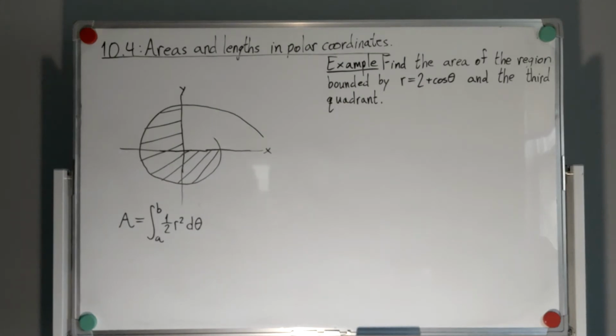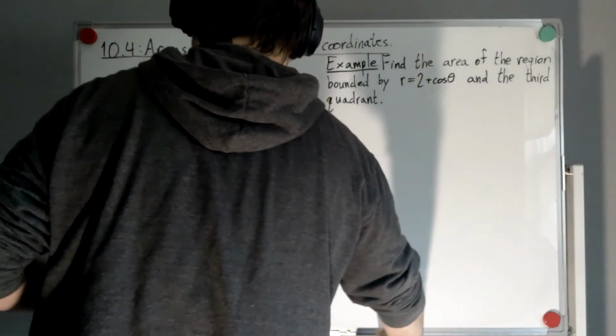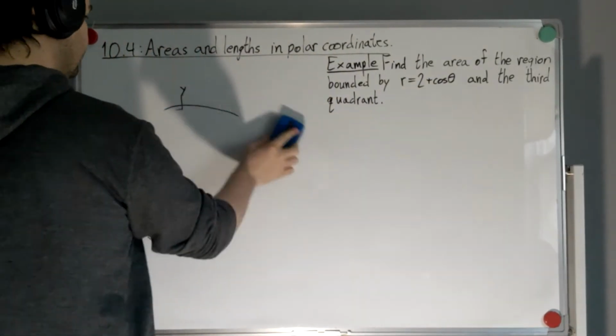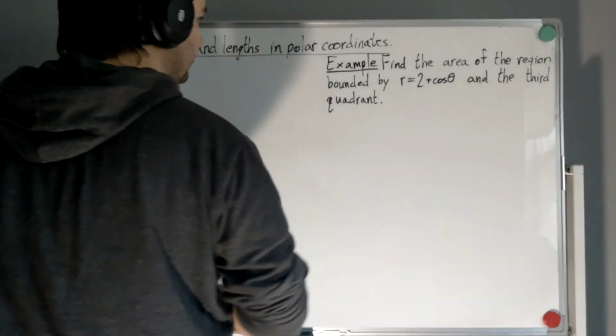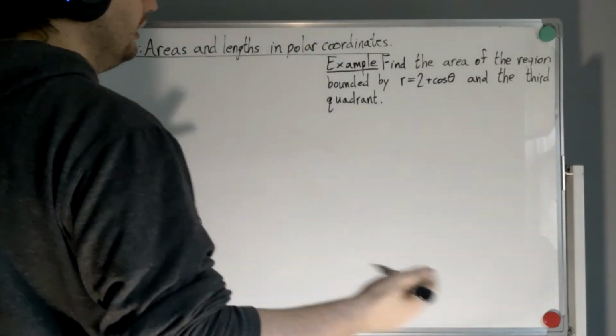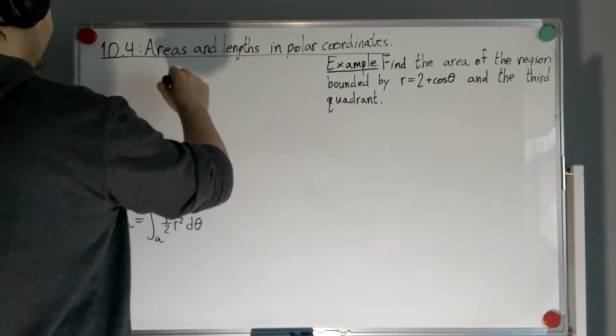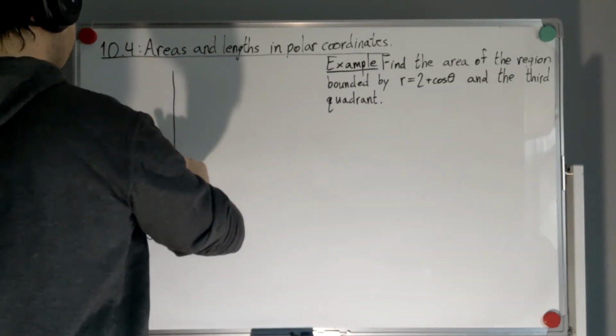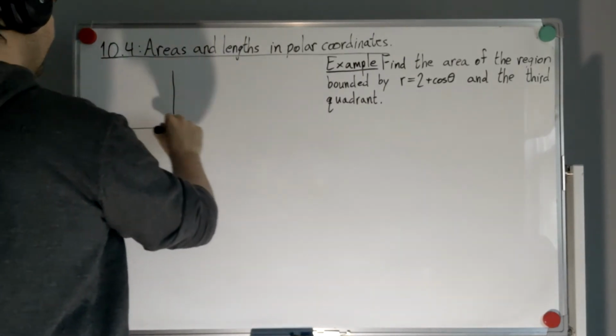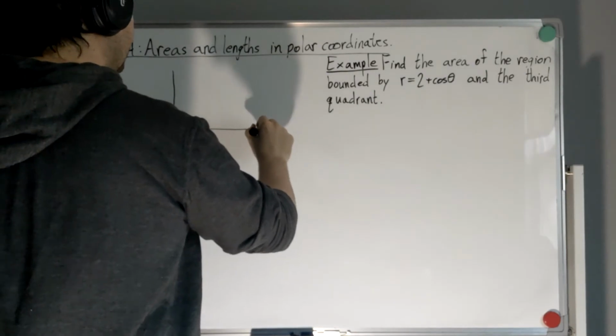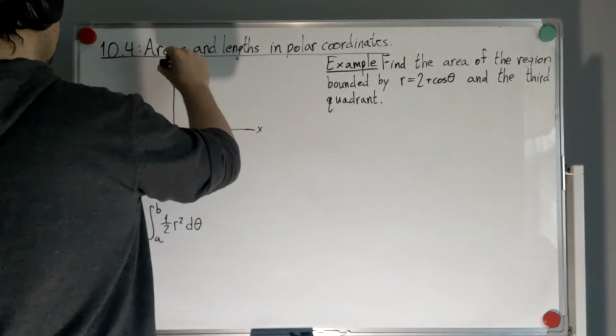This curve, r equals 2 plus cosine theta, is really weird looking. As you know, cosine always has to be between negative 1 and 1. So that means that r has to always be between 1 and 3.